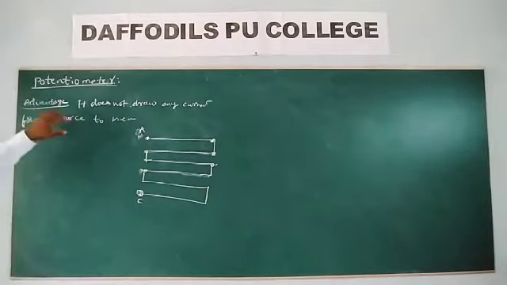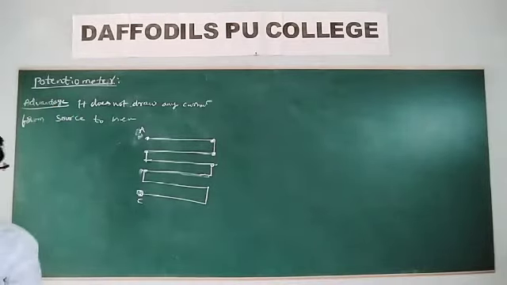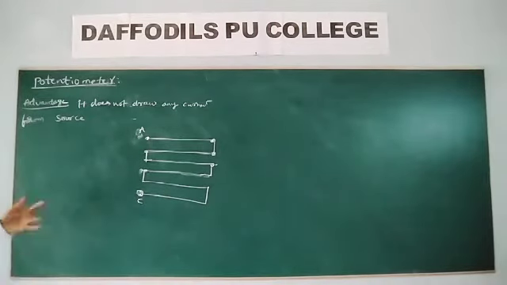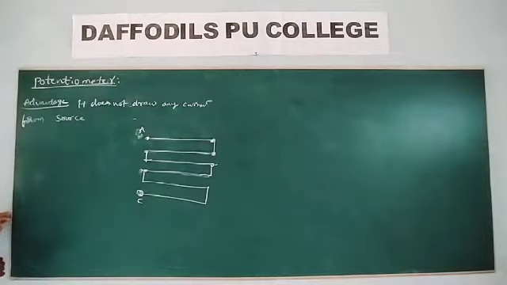So from where we are connecting, it does not draw any current, so there is no potential drop within it. It does not take any current for its operation from the source being measured.